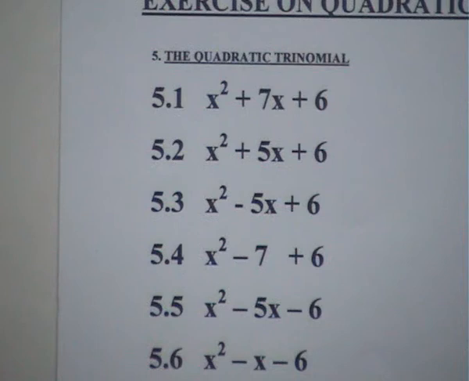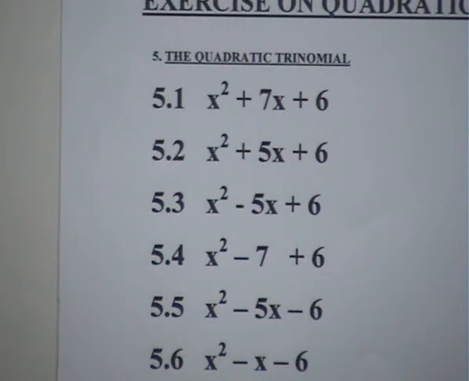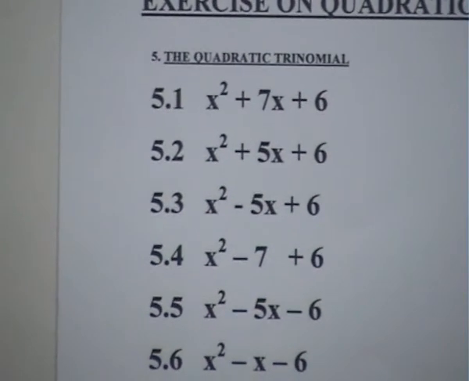Now the x is missing here, let me just fill it in. Just be careful, alright? There's an x over here. So 5.4 is really x squared minus 7x plus 6.